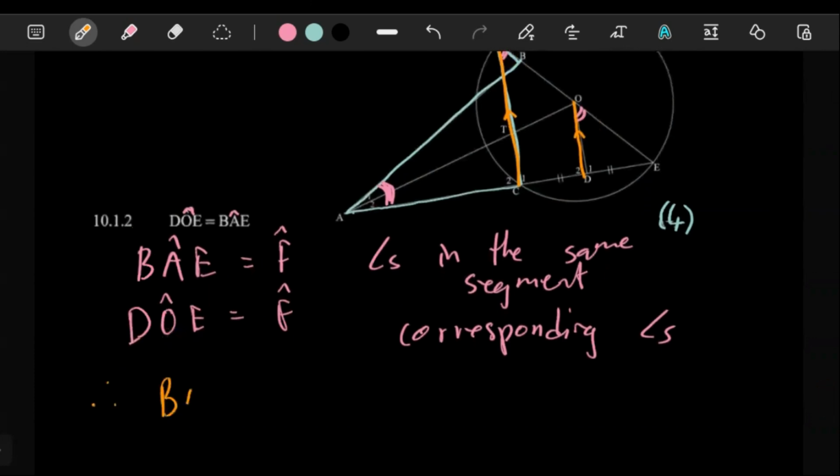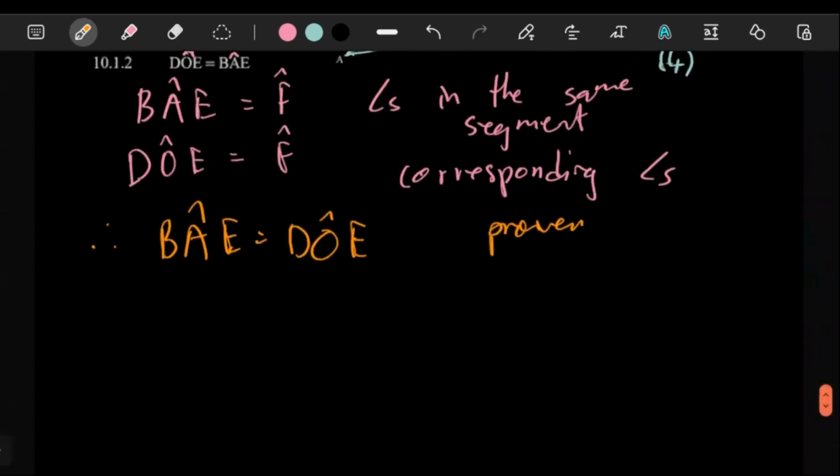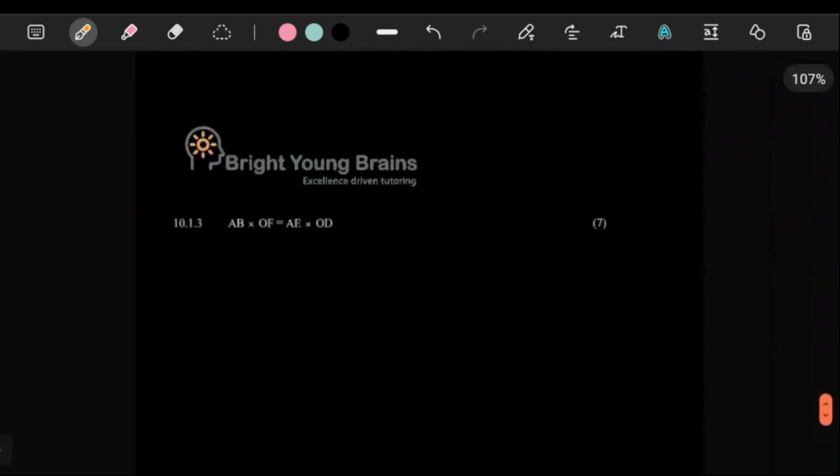So here, therefore, BAE is equal to DOE. See, proven. This is going to be statement, reason. That's good enough for 4 marks because you've shown that they're both equal to F. So we keep moving forward.